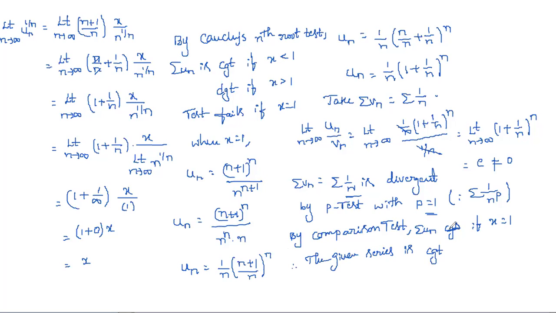Here summation un diverges, not convergent. Here we got it divergent, no? So that diverges if x is equal to 1, and therefore the given series is convergent if x less than 1, and diverges if x greater than or equal to 1.